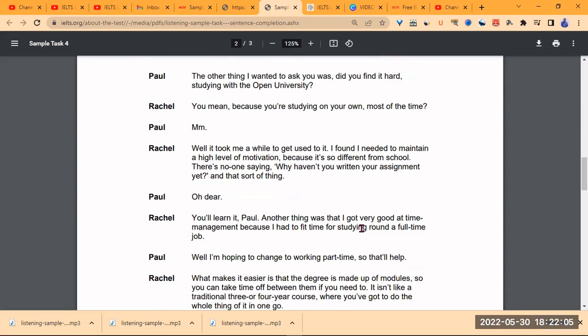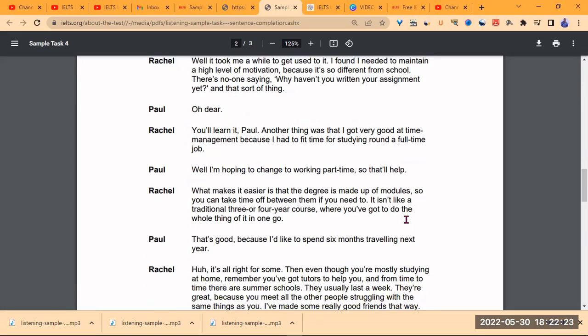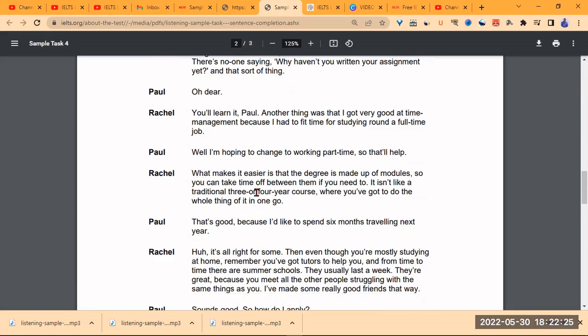Another thing was that I got very good at time management because I had to fit time for studying around a full-time job, all right? Paul said, well, I'm hoping to change to working part-time, so that will help. Rachel, what makes it easier is that the degree is made up of modules.